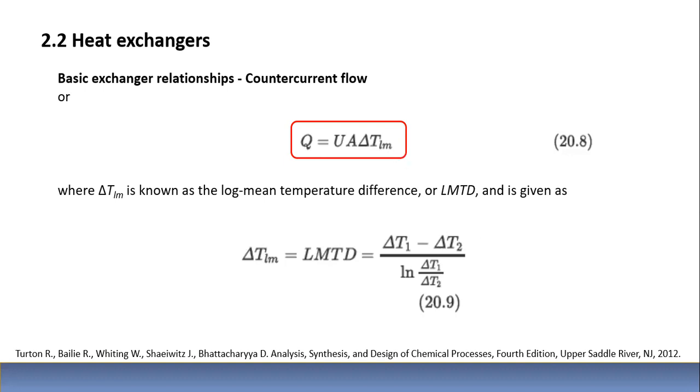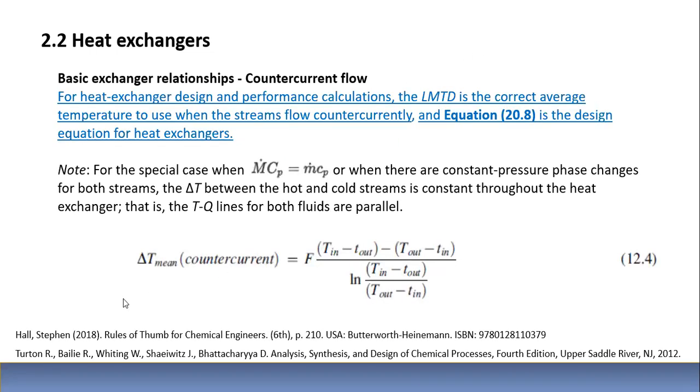So this is the best way to account for the driving force in an exchanger that flows countercurrently: calculate the logarithmic mean temperature difference, along with the overall heat transfer coefficient and the area of the exchanger, to determine what is called the heat load of the exchanger, which is Q. For heat exchanger design and performance calculations, the LMTD, the logarithmic mean temperature difference, is the correct average temperature to use when the streams flow countercurrently.